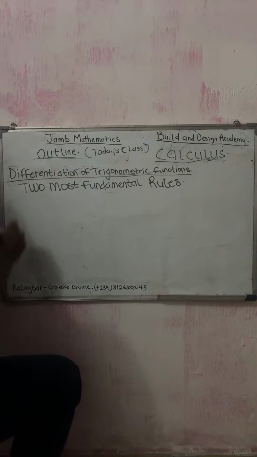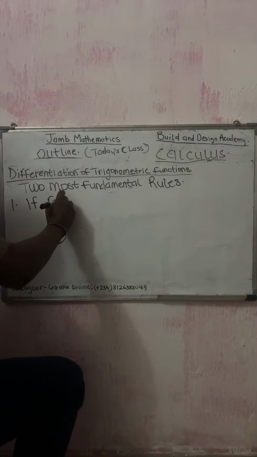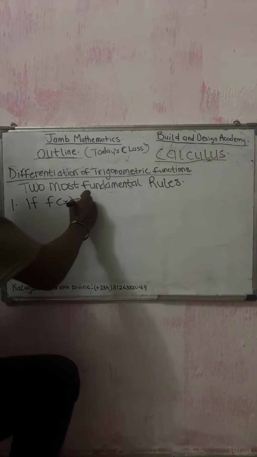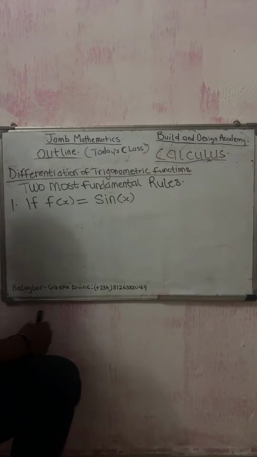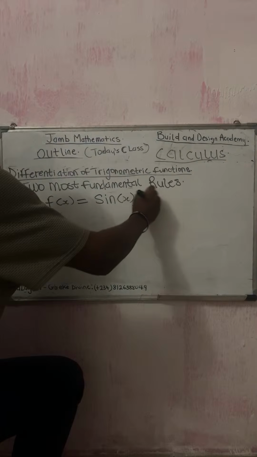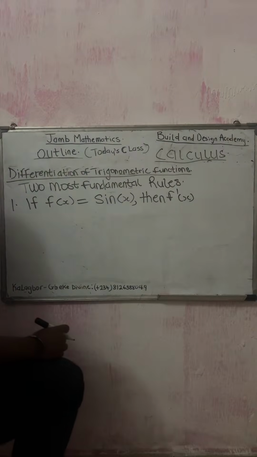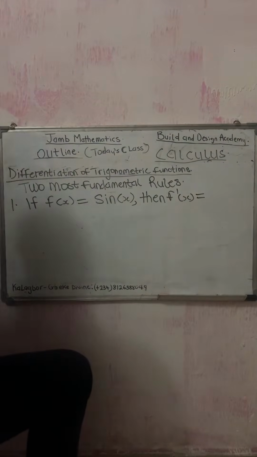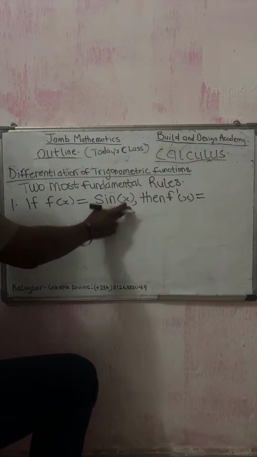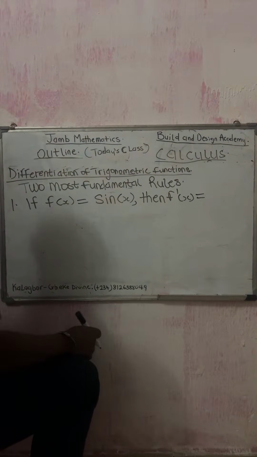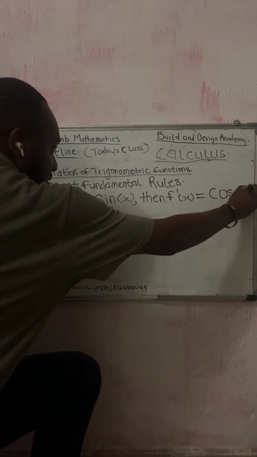Now, the first rule states if f of x is equal to sine x, then the first derivative of f of x will give us what? If you differentiate f of x in reference to sine x, which is a trigonometric differentiation, we'll have our answer to be cos x.